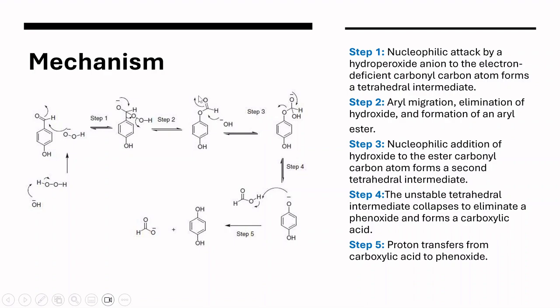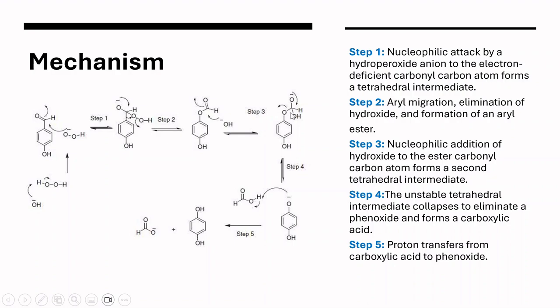The third step is the nucleophilic addition of hydroxide ion to the ester carbonyl to form another tetrahedral intermediate. Now this is an unstable intermediate. It collapses to eliminate the phenoxide ion. Now this negative charge comes between C and O, and we'll get a stable molecule.